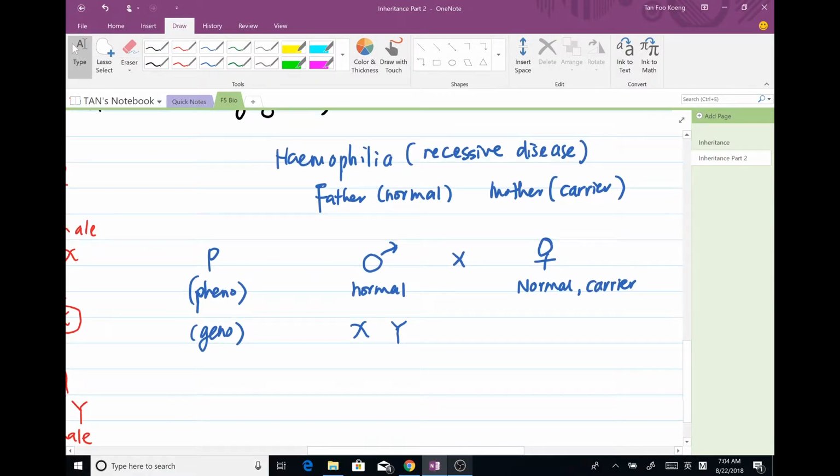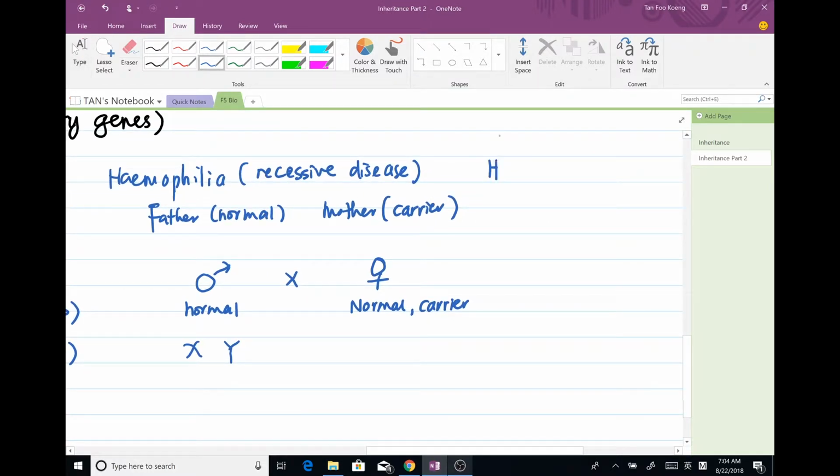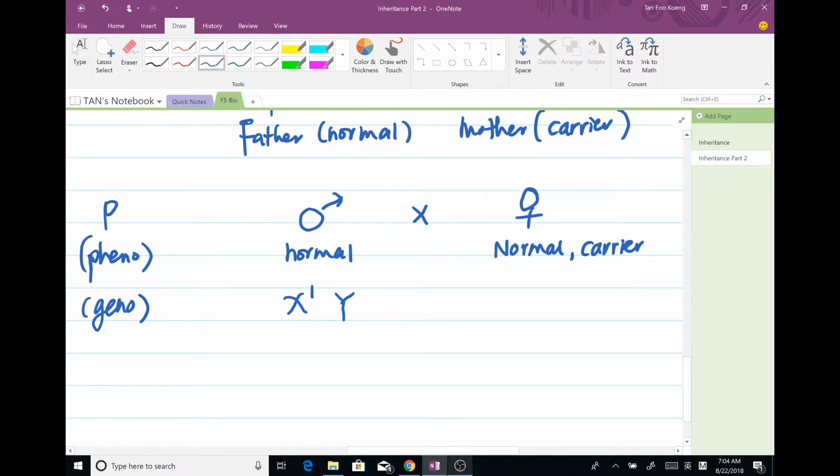So I'm going to use capital letter H to represent the dominant allele and the small h as the recessive allele. So the X chromosome now carries the dominant allele. So I write this way, X superscript capital H.